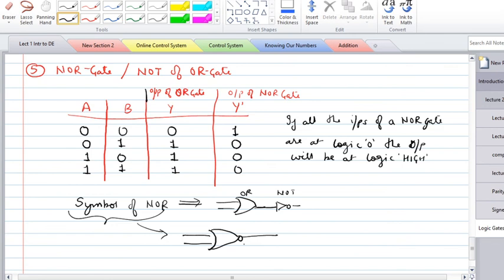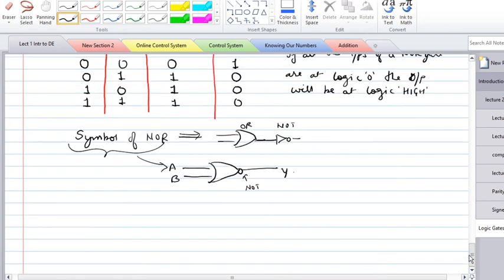So this represents your NOT operation, and here A and B are the inputs and Y will be the output. Now if we look at its Boolean expression, as we know the Boolean expression of OR gate is Y is equal to A plus B. So the Boolean expression of NOR gate will be the inverted version of your OR gate. So we have to put a bar at this position.